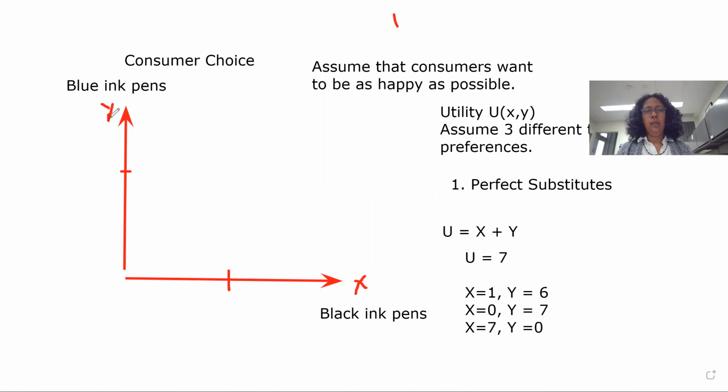So if I have 7 blue ink pens and 0 black ink pens, it's exactly the same to me as if I have 7 black ink pens and 0 blue ink pens. So in terms of the points, so it's 1 point on that.